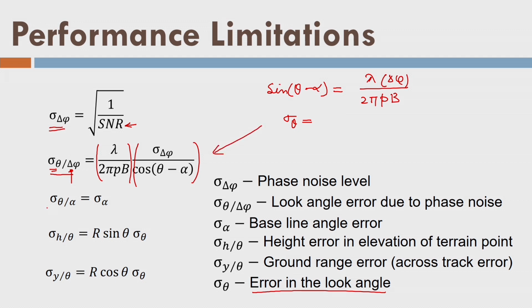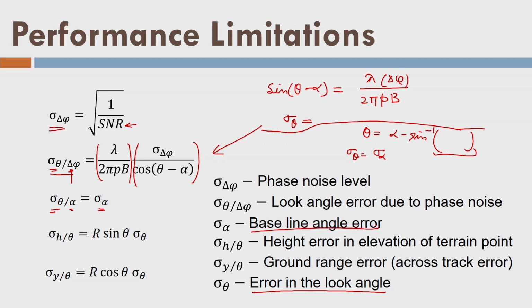Now we can see here that theta is equal to alpha minus sin inverse of some expression. So if I just assume that all this information is given, I can write that sigma theta is equal to sigma alpha. That means given the values of alpha, what is sigma theta? That is sigma alpha, which is the error in the baseline angle. Baseline angle is the alpha angle.